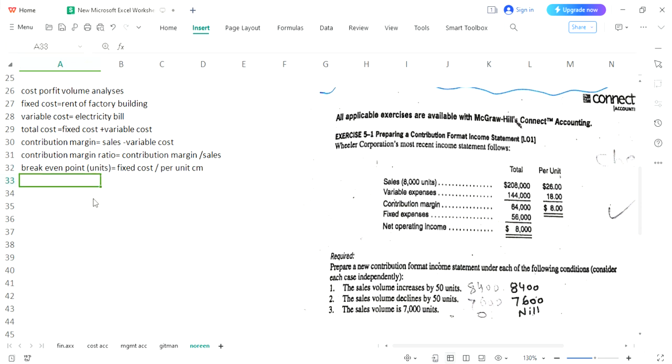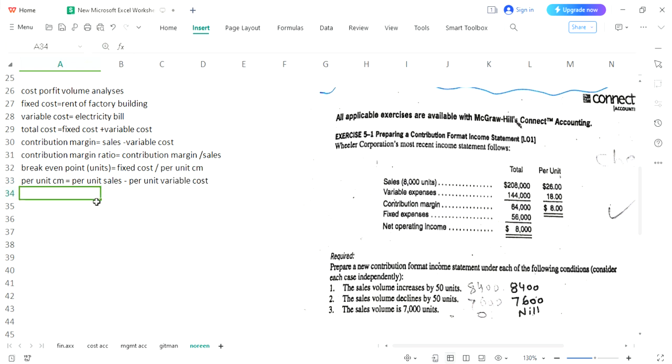And per unit CM you can calculate by picking per unit sales and subtracting per unit variable cost.